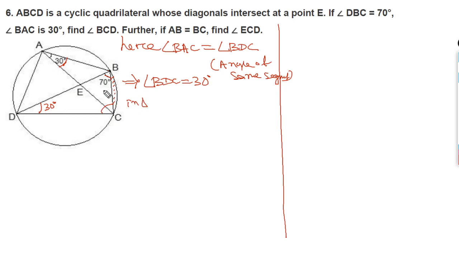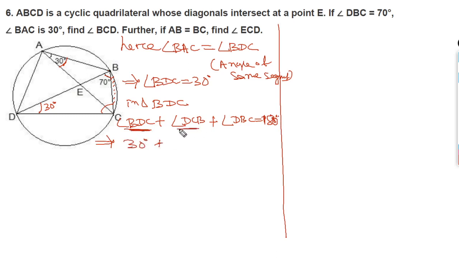Now in triangle BDC, angle BDC plus angle DCB plus angle DBC is equal to 180 degrees, the sum of the angles. Angle BDC is 30 degrees, plus angle DCB which we don't know, plus angle DBC which is 70 degrees, equals 180 degrees. Adding 30 plus 70 is 100.